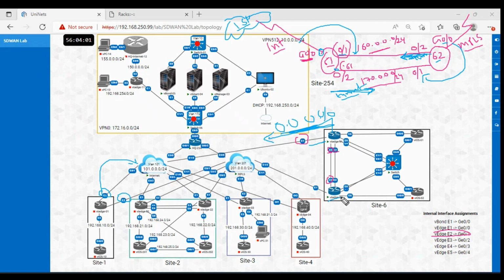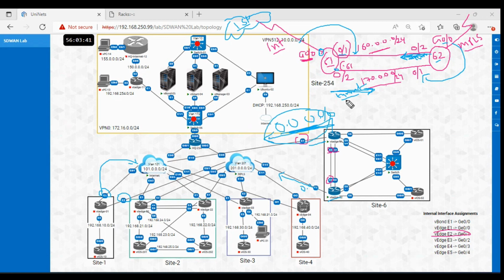And similarly, on this router, we provided another static route towards our MPLS. So we also did routing in VPN 0. And this routing is required for what? To achieve the basic connectivity, right?